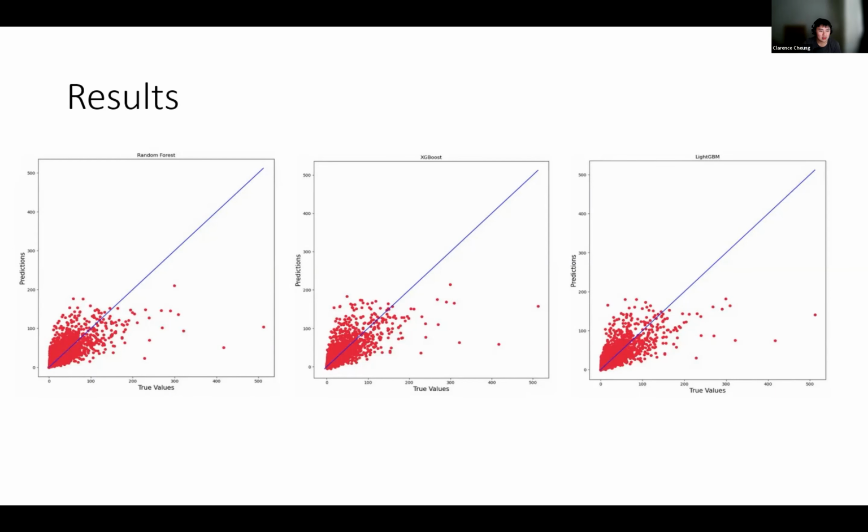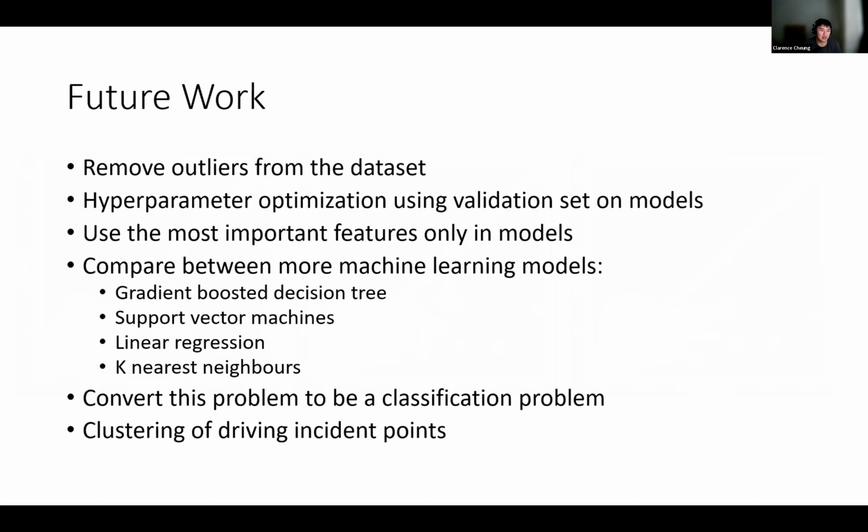So for future work, what I would try to do would be removing outliers from the data set, so maybe removing the points where there are more than 300 incidents in a single day. Also, another thing to consider is hyperparameter optimization, using the validation data set on each of the models, so maybe we could produce better results.